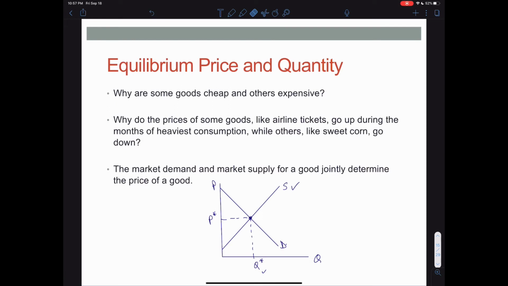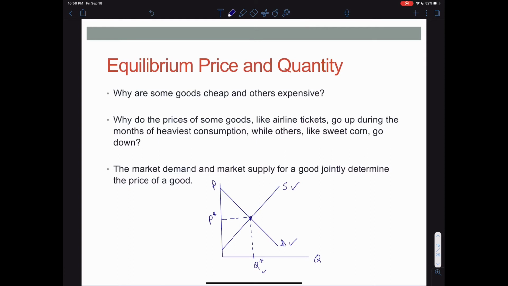And then economists moved on to thinking seriously about the value of the good to the consumers, which is captured by the demand curve. And they thought goods that are more in demand or more valuable to consumers would be more expensive.